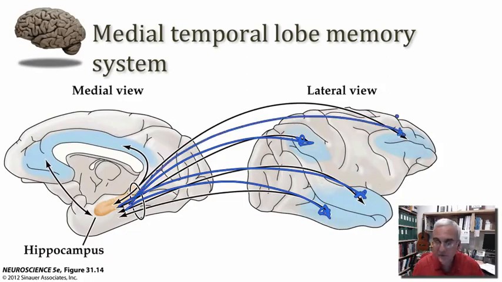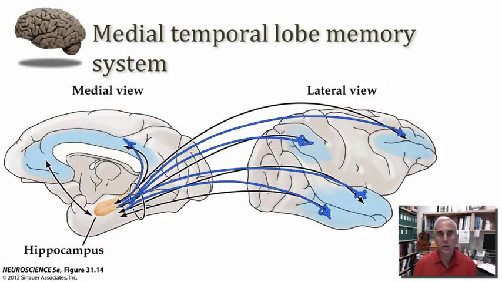So these extensive interconnections between associational cortex in each of the lobes and this parahippocampal gyral cortex seem to be critical for the storage and the recall of information.